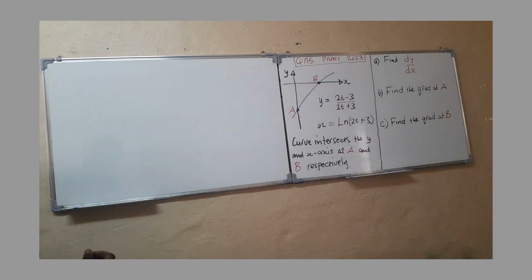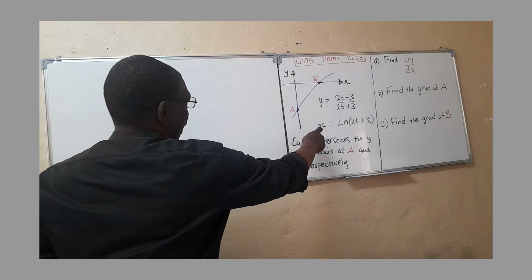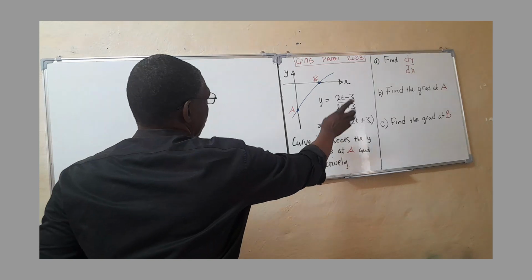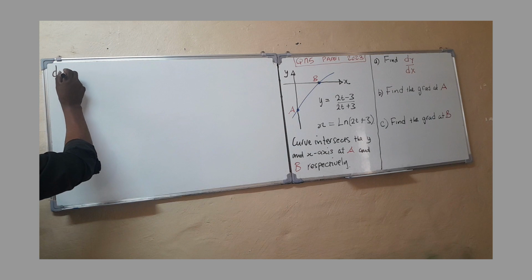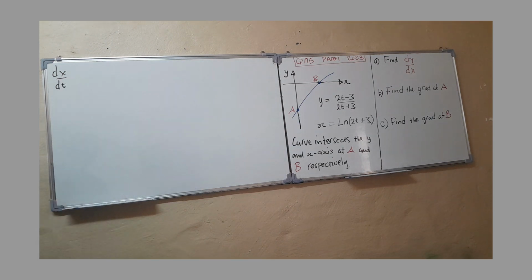The first thing that we have to do is to find the rate at which x changes with t. In other words, we want our dx/dt. But how do we get our dx/dt?